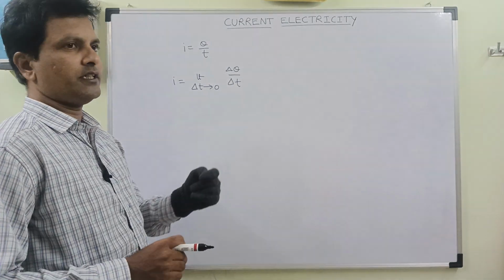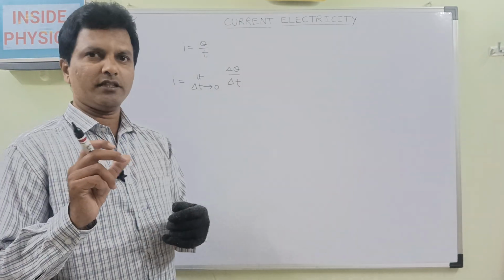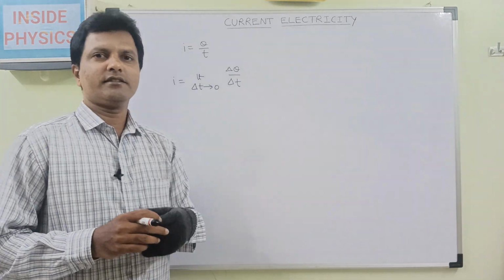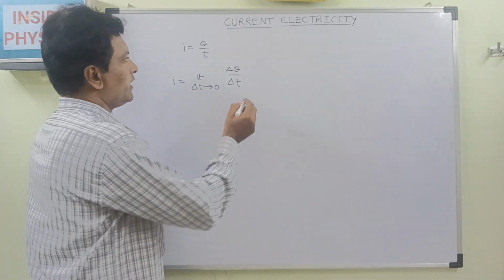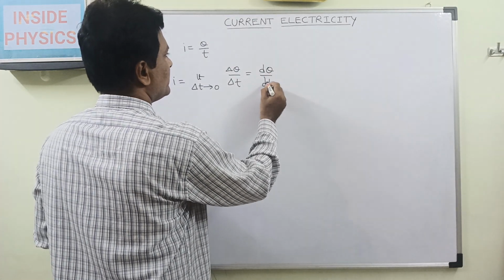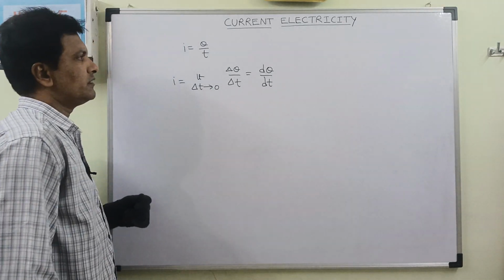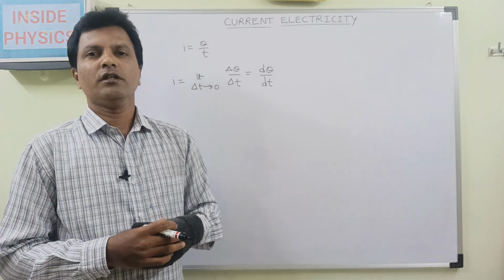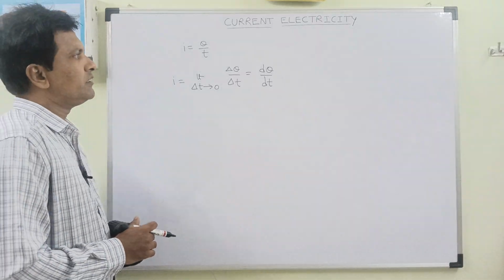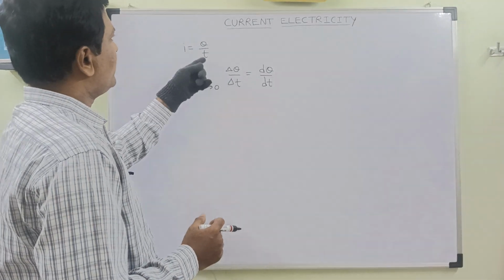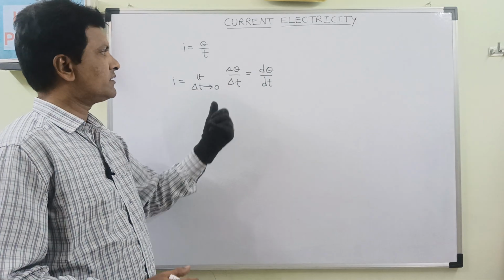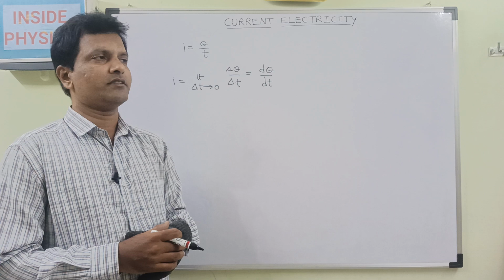Delta q represents the change of flow of charge, delta t represents the change in time, and this can be written as dq by dt. So I is equal to charge per unit time, and the instantaneous current is defined like this.